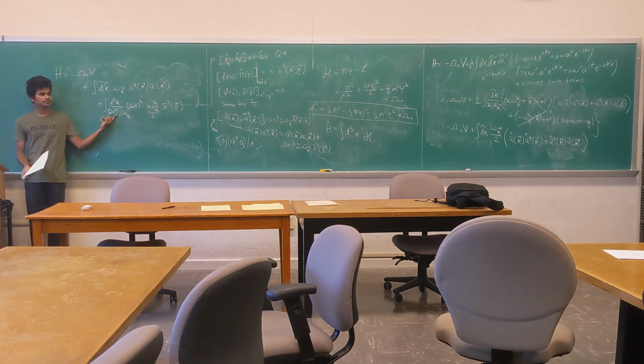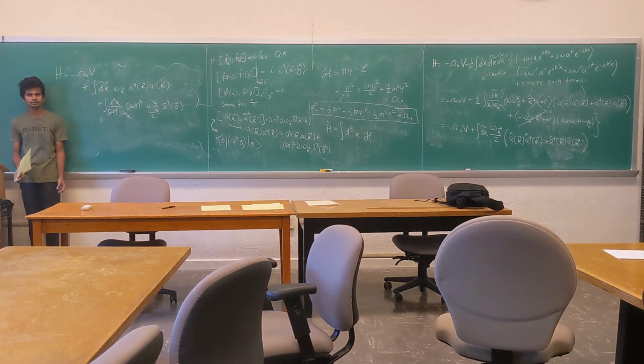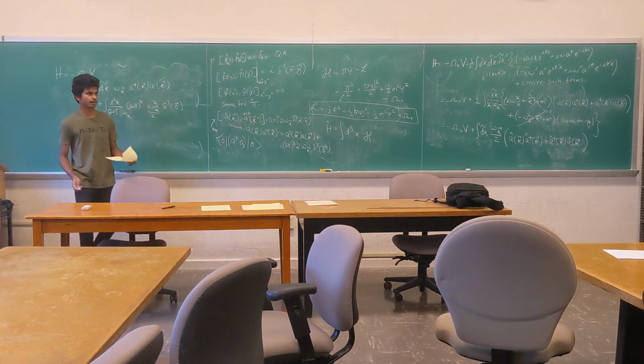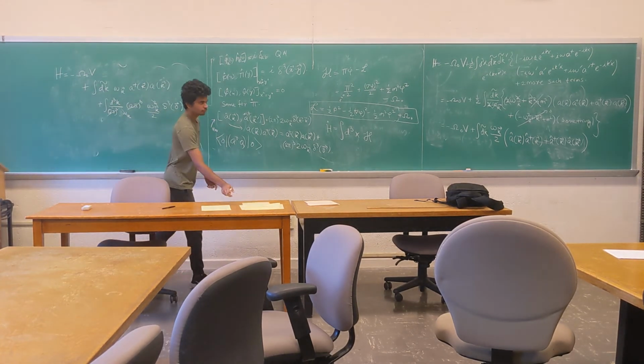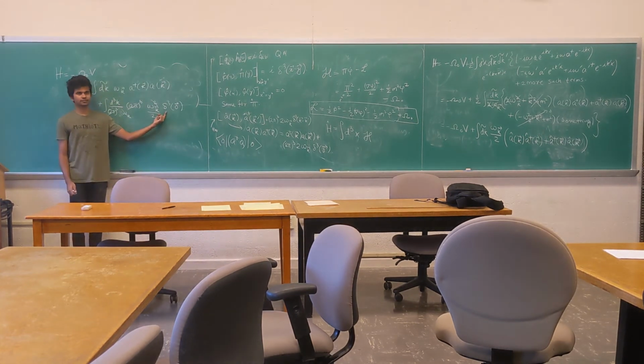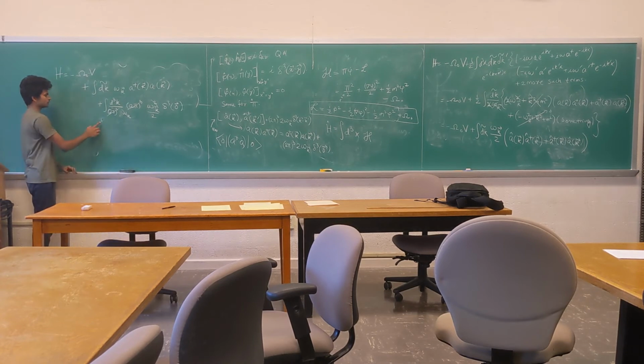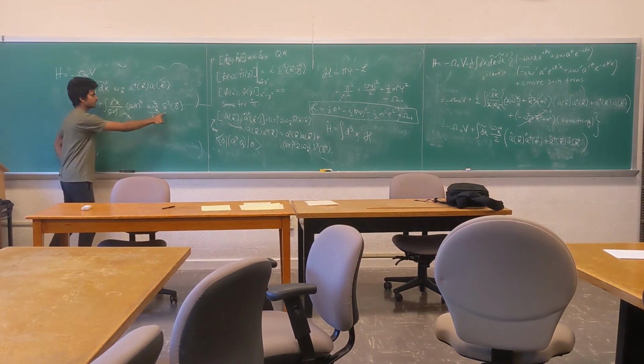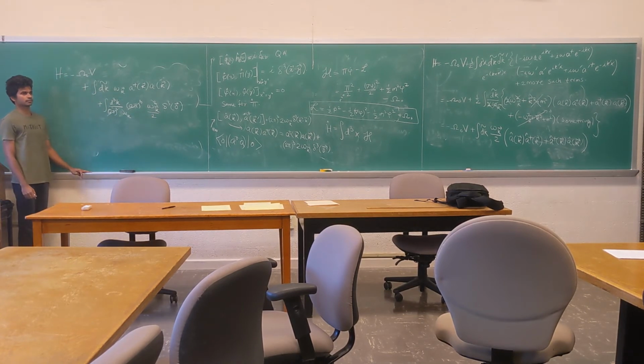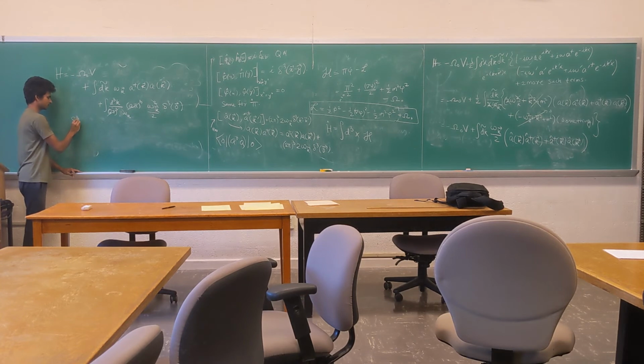What about this term? Is it finite or infinite? It's obviously infinite because you have a delta 3 of 0. So it's actually twofold. That's the tricky part here. Let's look at delta 3 of 0 first. What do you mean by twofold? I will explain. Let's look at the first infinity, delta 3 of 0.